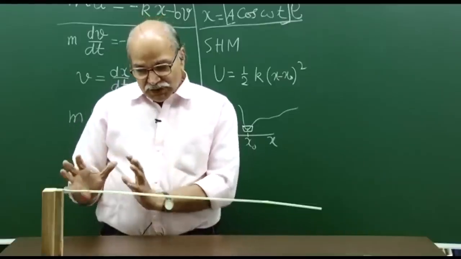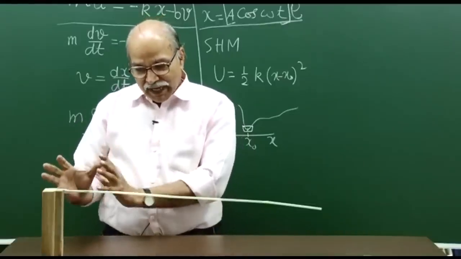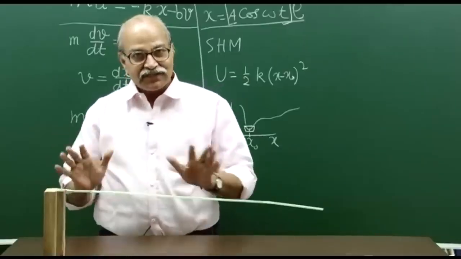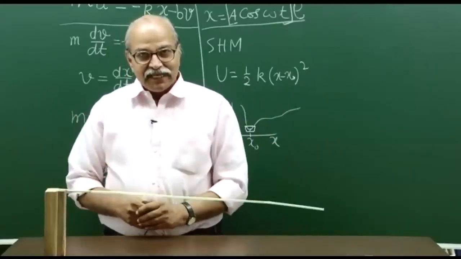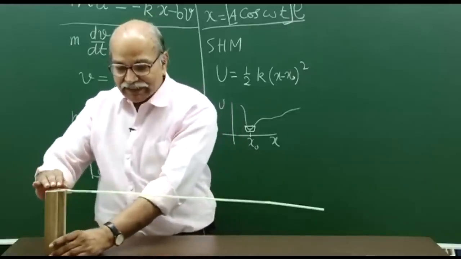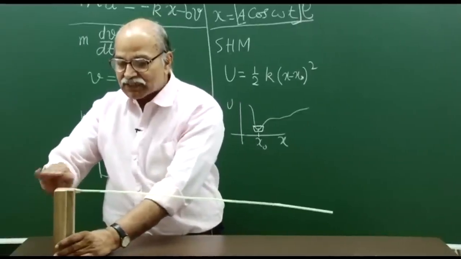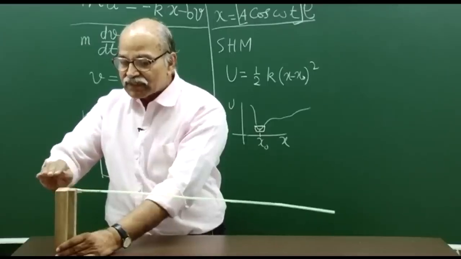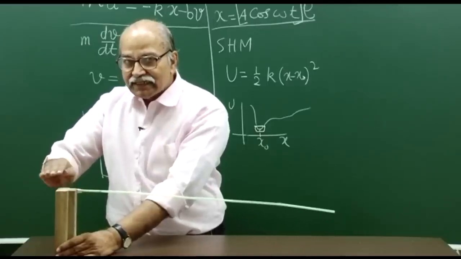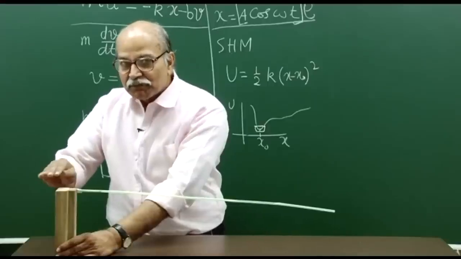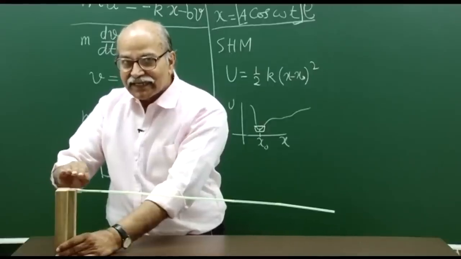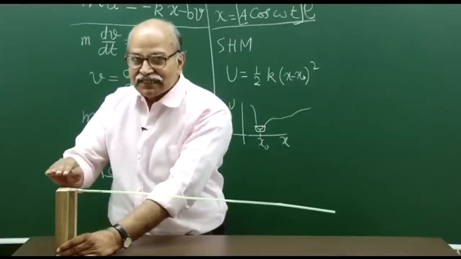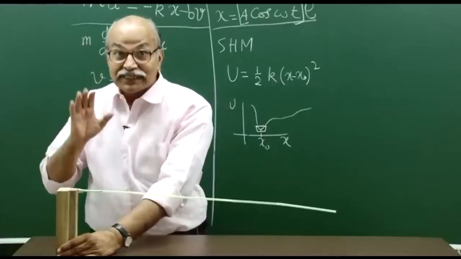Now, what I want to do is to apply an external periodic force on this oscillating system, and for that I will just hold it here and give a small angular motion to this block, and just by adjusting the way I am pushing this block this side and that side, I will try to make that force periodic with a certain frequency. So, watch it.